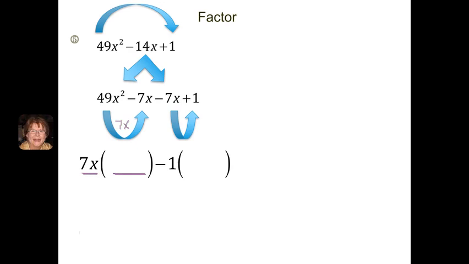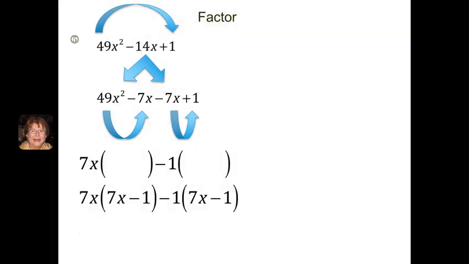The last two terms, you're going to say, well, there's nothing common. You're right, except that we've got a -7x. Whenever that third term is negative, normally the GCF will be a -1. In order to get the other factor, I've got to divide that -1 into both terms.